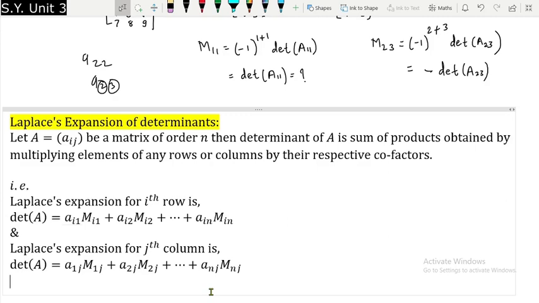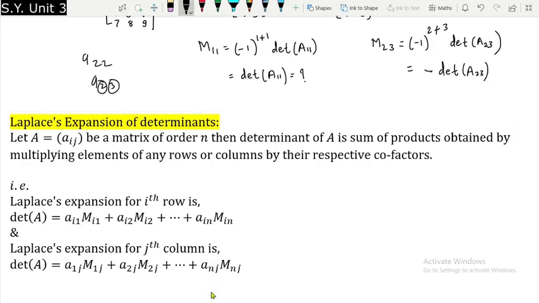The third entry will be A33. The fourth entry will be A43 and so on. So just multiply that elements by their respective cofactors. So it will be A13 M13 plus A23 M23 plus A33 M33 plus A43 M43 and so on.